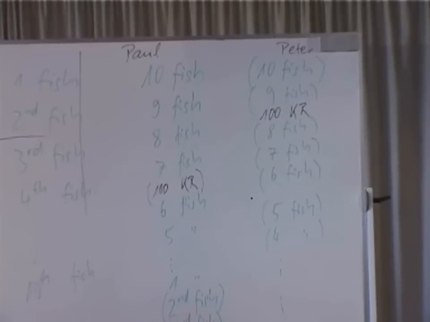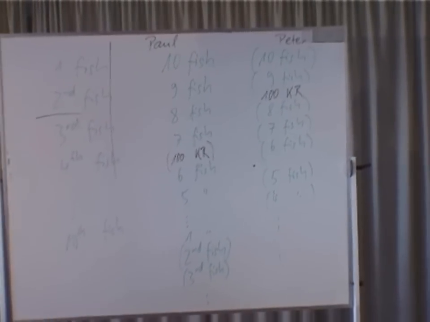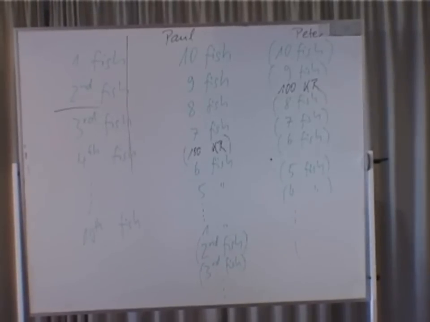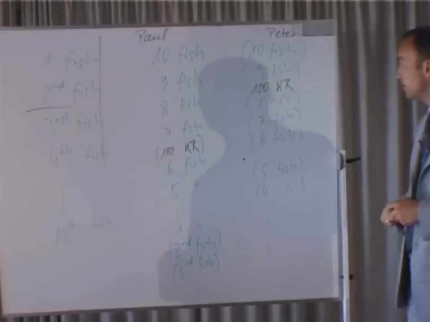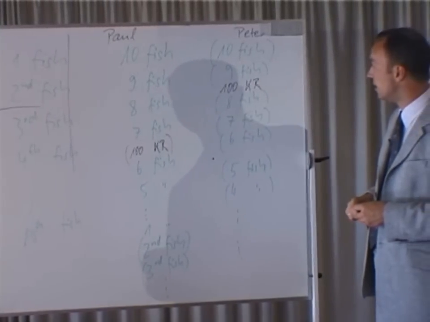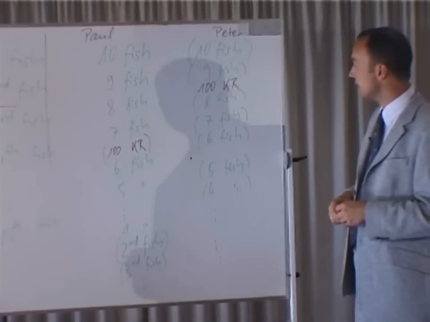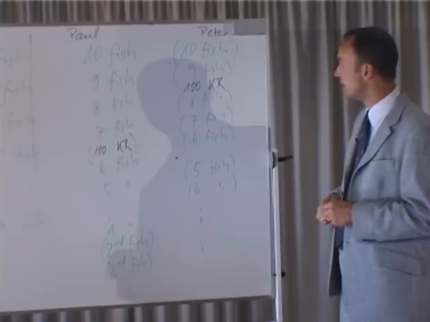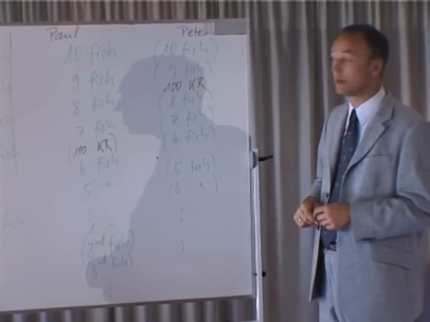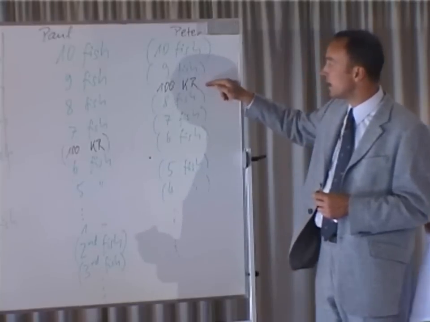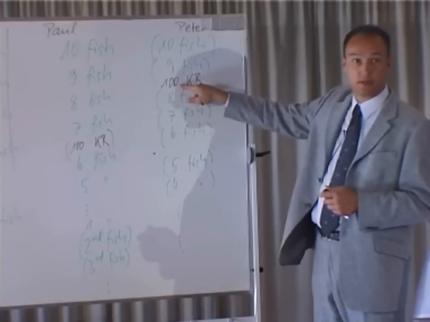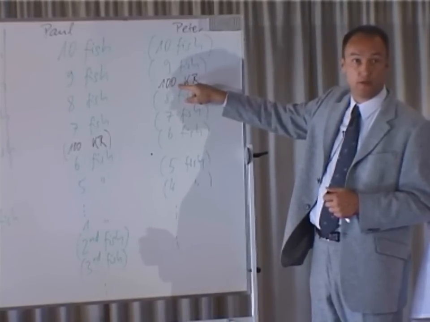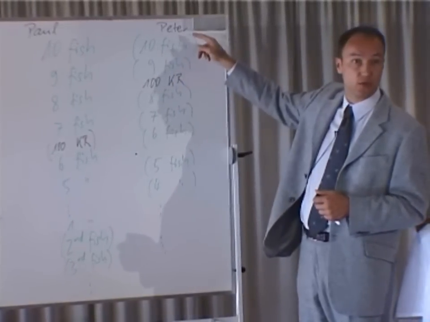Now the question is, under these conditions, would there be a market exchange between the two market participants, Paul and Peter? And the answer is, there would be no exchange. Because for Peter, in order to incite him to give up his 100 coronas, one would have to offer him at least 9 fish or 10 fish and so on.